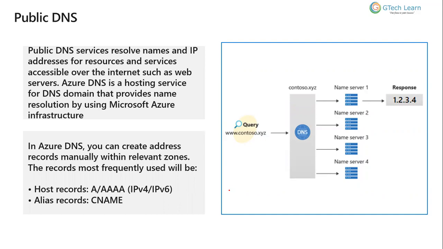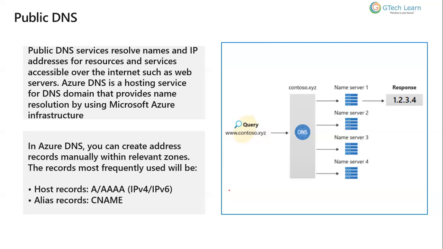Now let's jump to Azure DNS. Azure DNS is a managed service provided by Microsoft Azure. It is a hosting service for DNS domains that provides name resolution by utilizing the Azure infrastructure. By creating an Azure DNS zone, you can create your address records manually.